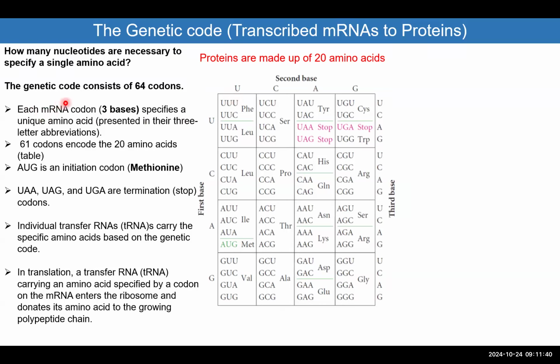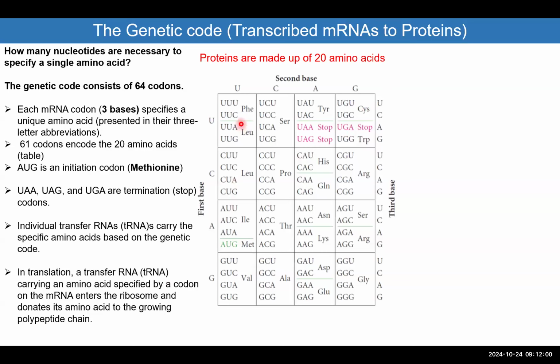Each of the messenger RNA codons, which is three bases, specifies a unique amino acid. These are presented here in the first three letters, like phenylalanine, leucine, proline, threonine.